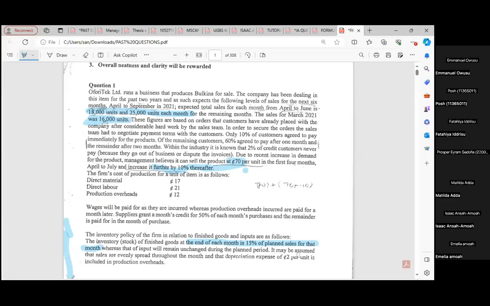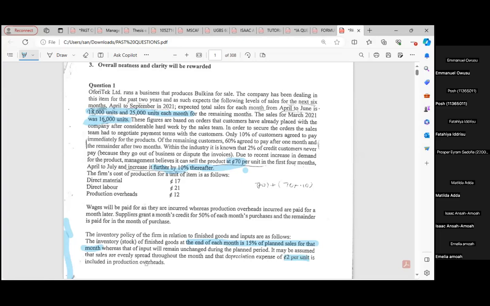We were left with some few readings. It may be assumed that sales are evenly spread throughout the months and that depreciation expense of 2 cedis per unit. This is so important. 2 cedis per unit is included in production overheads.